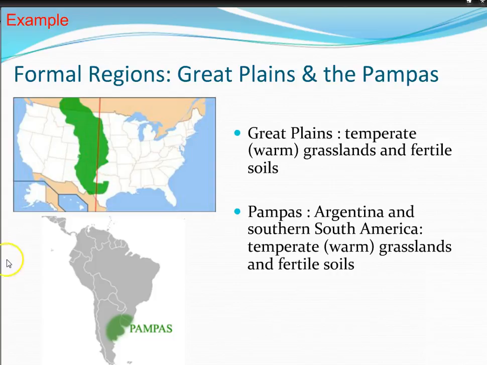So we know that the Great Plains are characterized by temperate grasslands and fertile soils. Those are characteristics shared by that region, even though it encompasses parts of different states.